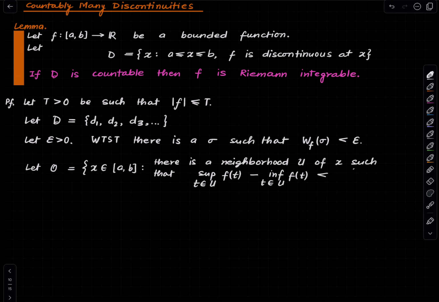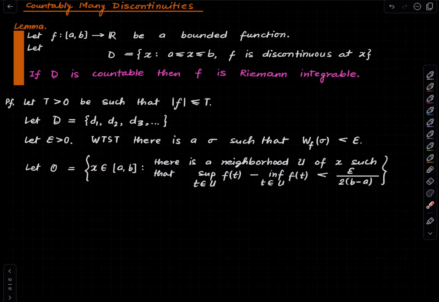How much? Well, we allow for a tolerance of this much, which of course is a result of a back calculation. So that's the set O. This is the collection of good parts of the function where the oscillation is small. This is the kind of point which we like.